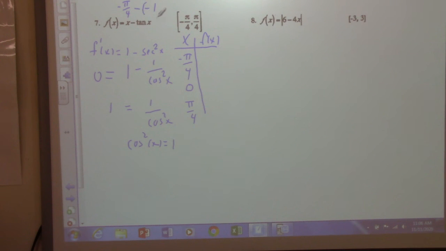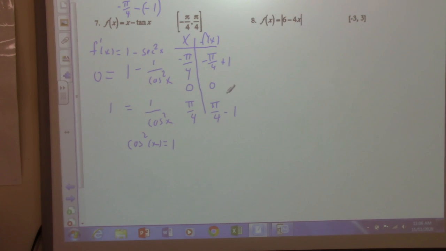So that's going to be negative pi over 4 plus 1. Then at 0, we would have tangent of 0, which is 0. And then here we would have positive pi over 4 minus 1.